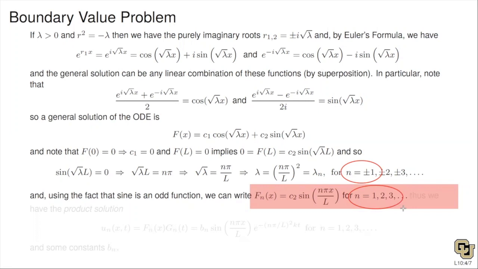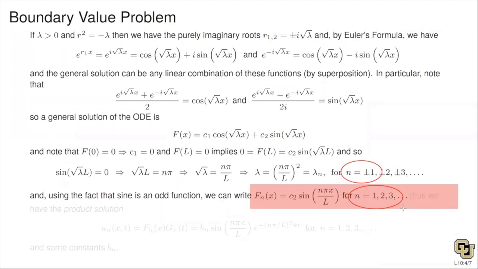So sine of negative x is just a scalar multiple of sine of x. In our basis, we want only linearly independent vectors, so there's no point in having sine of negative x and sine of x, for example. So here, I just take the positive one, so I drop the minus signs. So now I have infinitely many solutions to the boundary value problem.